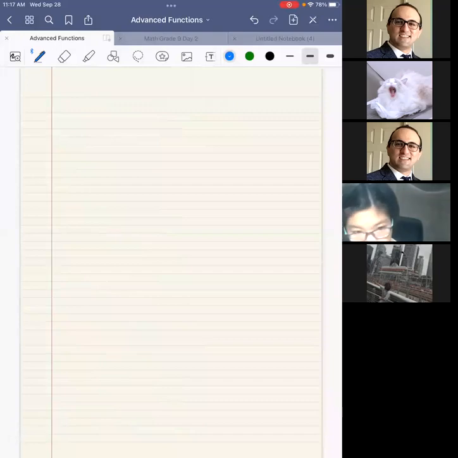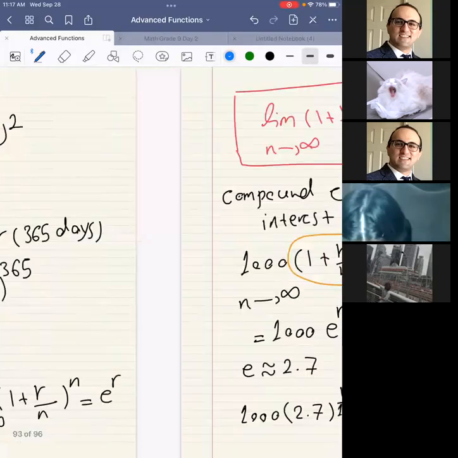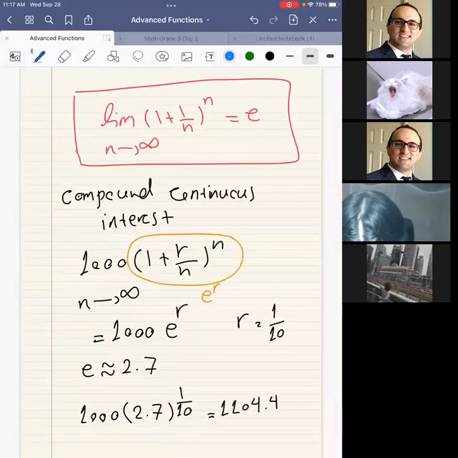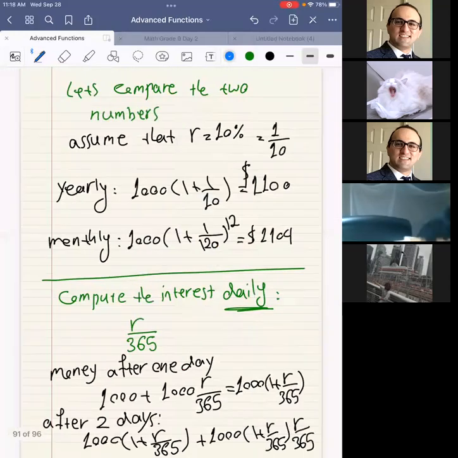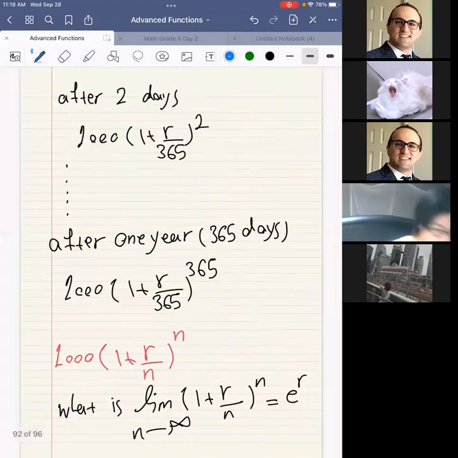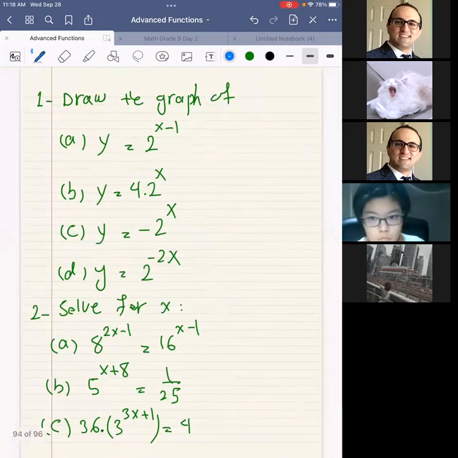Now, also remember that I introduced you the number e, which is also called Euler's number, also known as Napier constant. This is an irrational number that is between 2 and 3.